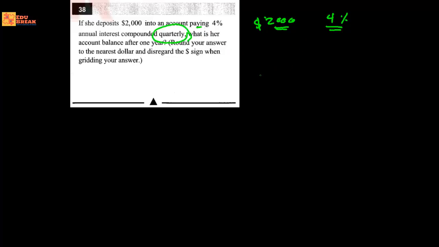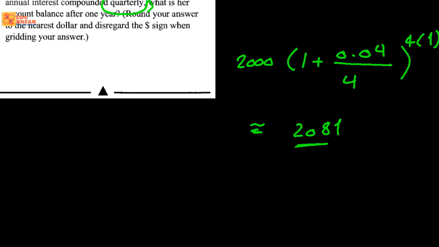So it will be 2,000, this is the initial amount, times 1 plus 0.04 over 4, to the power 4 times 1, the time for 1 year. So using calculator, it will be approximately equal to 2081. Okay, thank you.